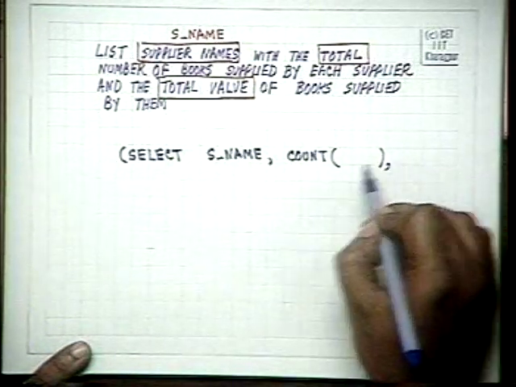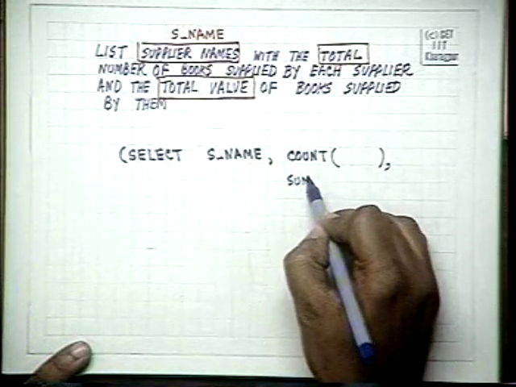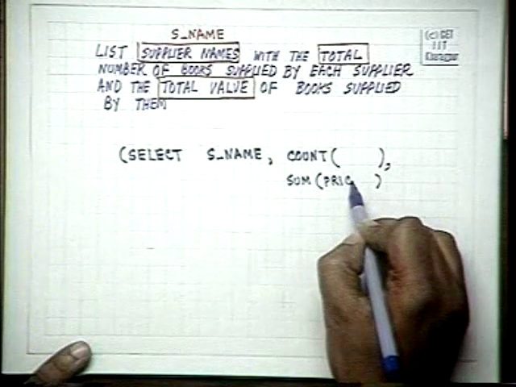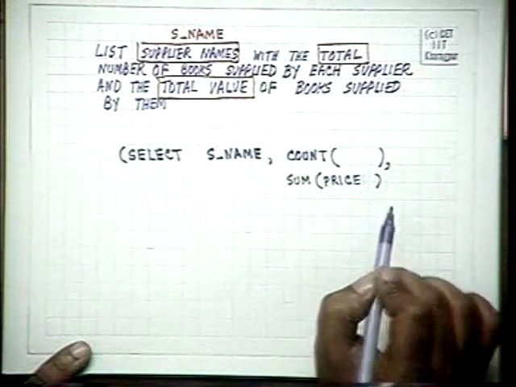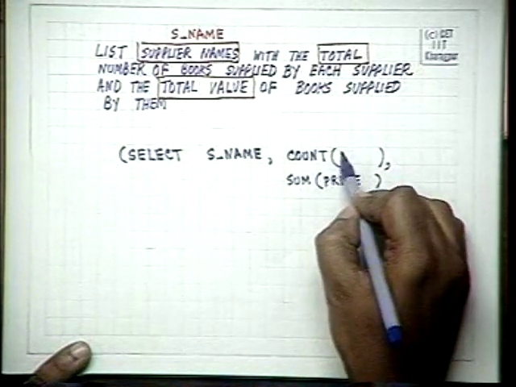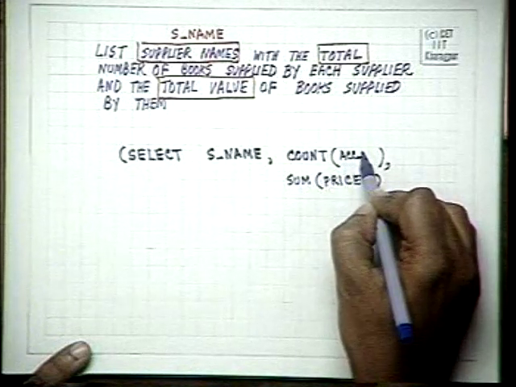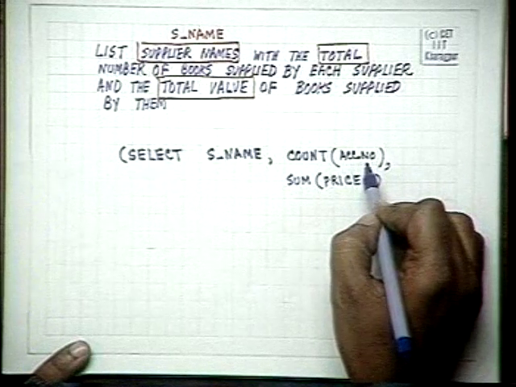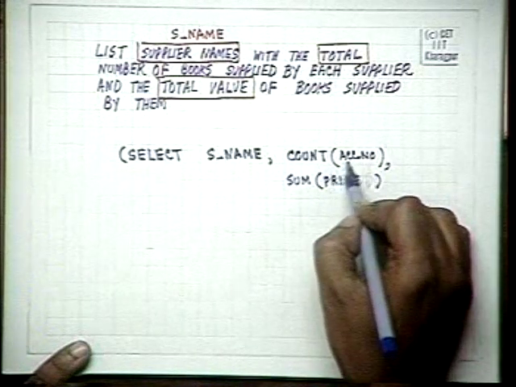The total value, so we will sum up the price, and we will count out the accession number. Here we could have put in all S name also, it would have worked. Instead of accession number, if we put all S name, even that is okay.